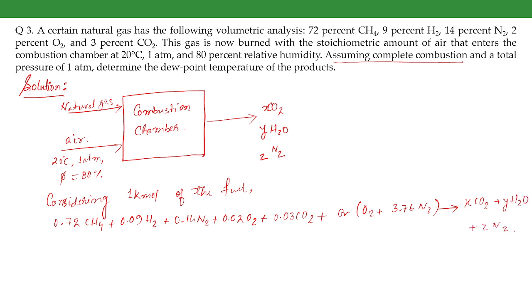Now if we do a conservation of the elements, from the conservation of carbon we get 0.72 plus 0.03 is equal to X, which implies X is equal to 0.75.